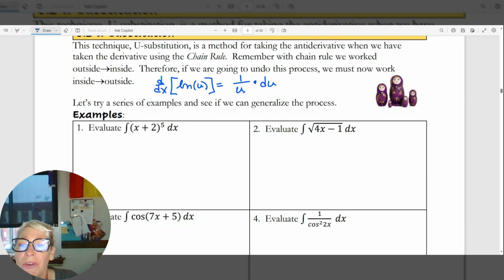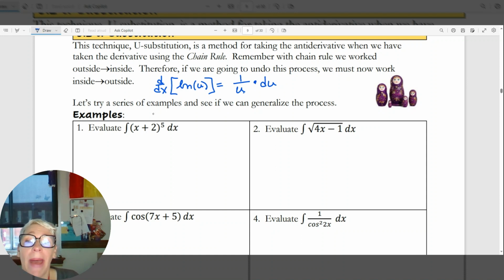So we have two functions here in number one. We have x plus 2, that's one expression, and then we have a base to the fifth, that's our second. When we think about if we were taking the derivative, we would be using chain rule, taking care of the outside, the something to the fifth first, and then chaining on the derivative of the inside, in this case, the base.